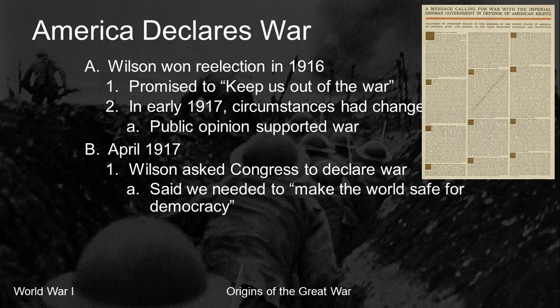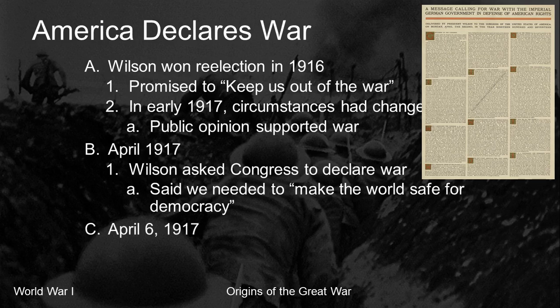In his address to Congress, Wilson says that we needed to make the world safe for democracy. This was about protecting the rights of neutrals. This is about making the world safe for democracy. This is about standing up for people that are being oppressed.